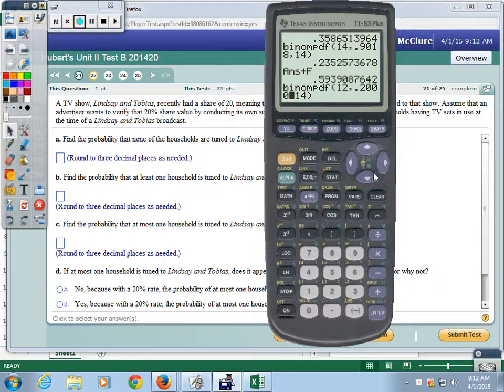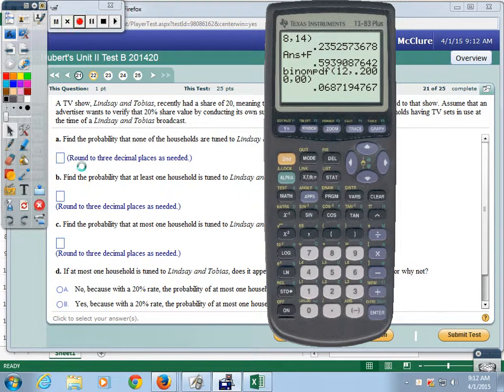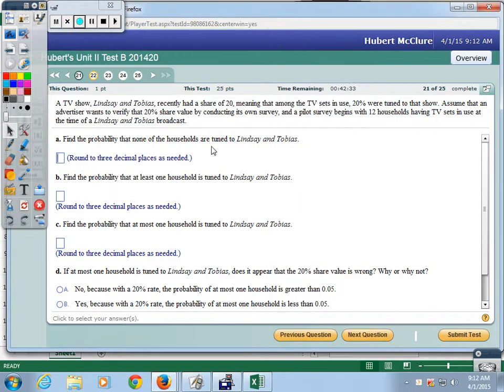I'm just putting 4 digits in case we ever have a 4-digit or what again. And 0. 0.069, round to 3 decimal places. At least 1. So that means 1 or what? More. So I'm going to take 0.069 away from what? 1. And that's going to give me 0.931. Somebody help me out.